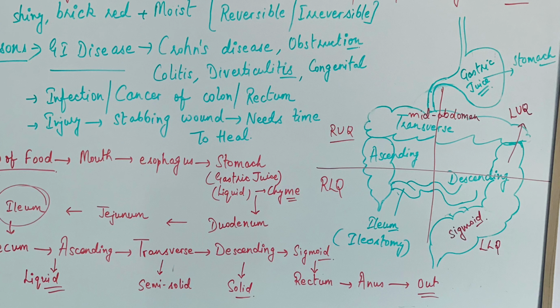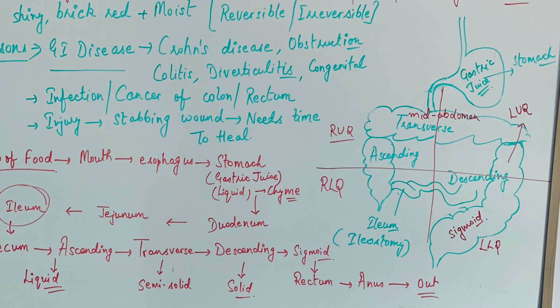You can also see in the picture I have drawn these two lines, and I have written right upper quadrant, right lower quadrant, left upper quadrant, and left lower quadrant. So you can see the locations of all these parts of the colon over there.